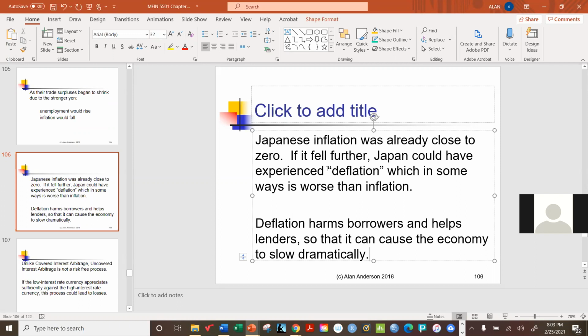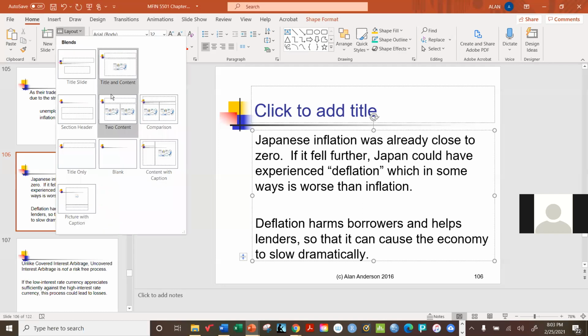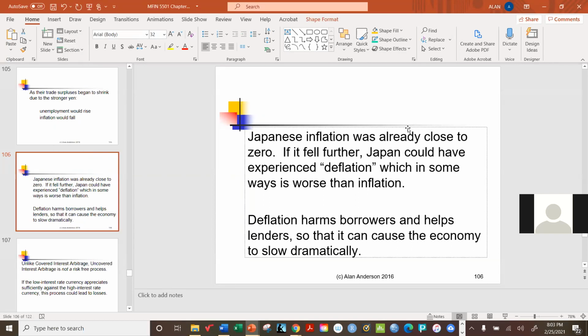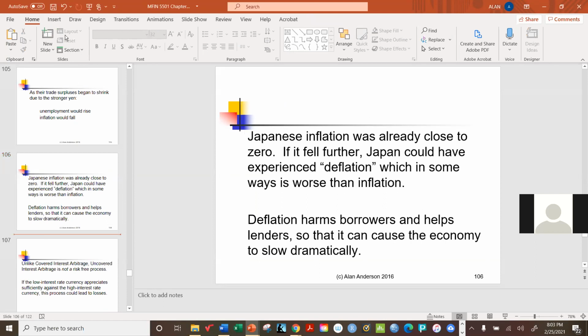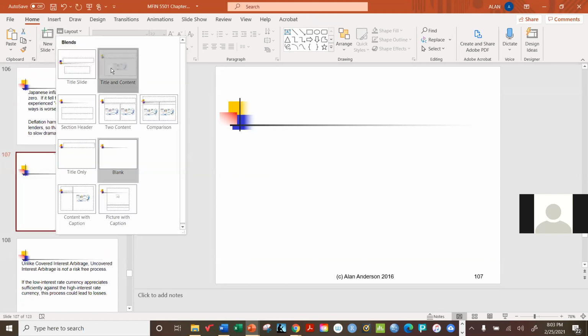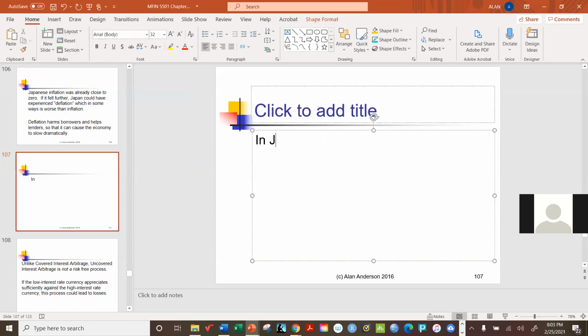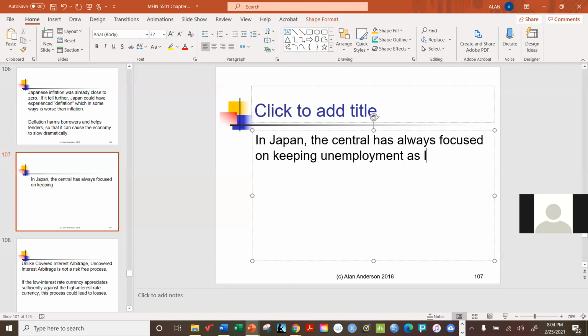So deflation is something that most central banks try to avoid if possible. So Japanese inflation was already at the edge there, and so they did not want to find their inflation rate falling any further. And then in addition to that, in Japan at least, always by tradition, the central bank has always focused on keeping unemployment as low as possible.